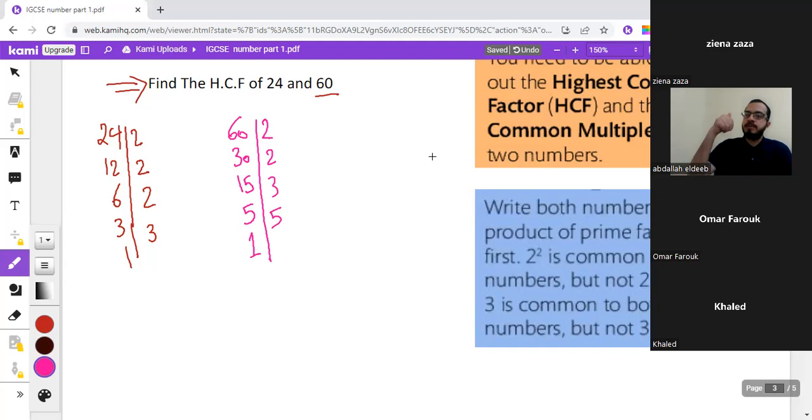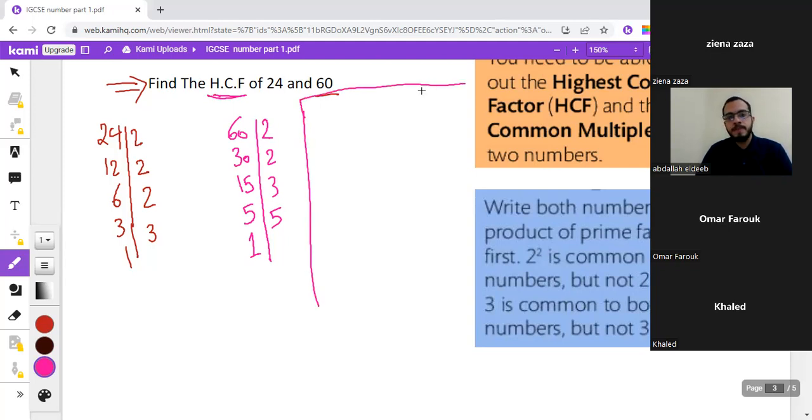After you factorize each number, you write the number. Should it be 3, right? Which one is 3? You mean the highest common factor? Yes, the highest common factor. Let's see. Is it 3 or not 3? I will write 24 here and 60 here.